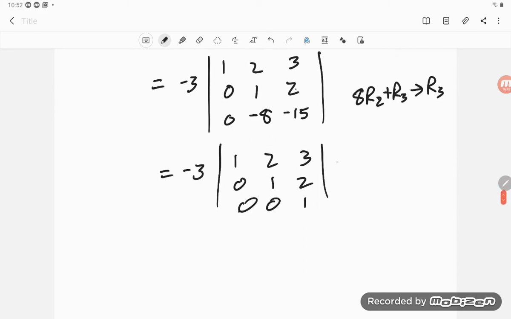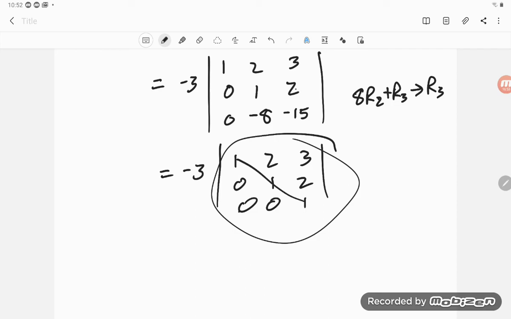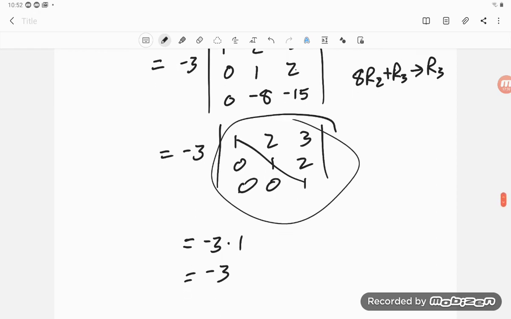And so here, though, I know the determinant of this thing is 1, because it's upper triangular, and I multiply down this diagonal, I get 1, and so this is -3 times 1, or a determinant of -3. Okay, now I didn't even have to undo that -3, it just was easier to calculate.